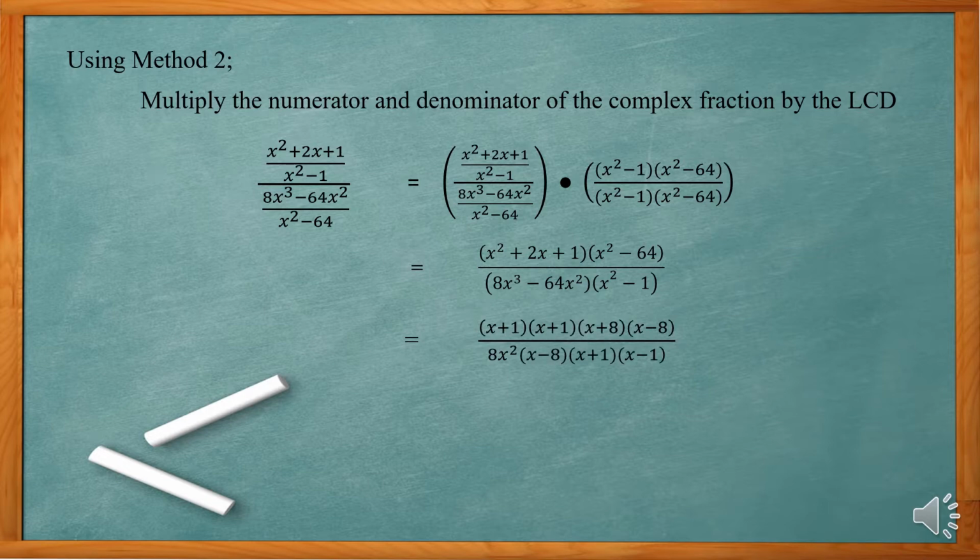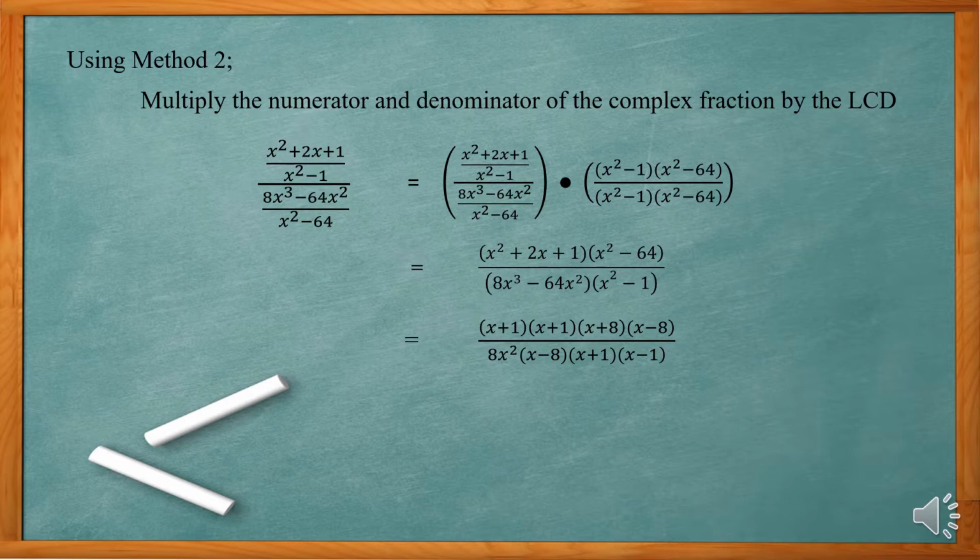since our numerator and our denominators are factorable, so we factor it out. Since x squared plus 2x plus 1 is a common binomial factor, so it is x plus 1, x plus 1. And the x squared minus 64 is a difference of 2 squares, which is x plus 8 times x minus 8.